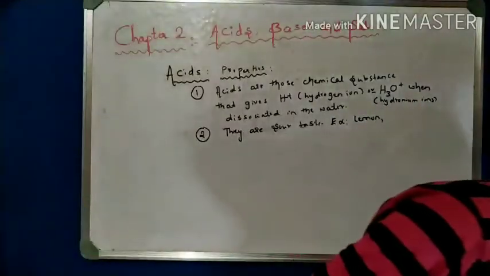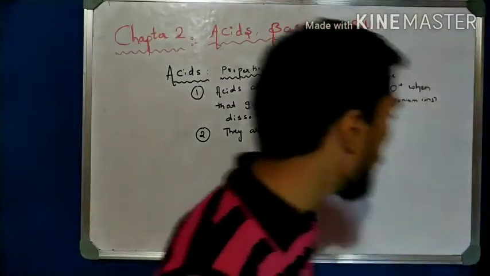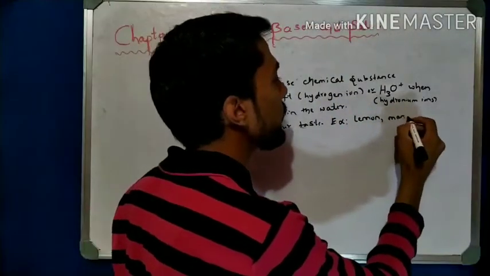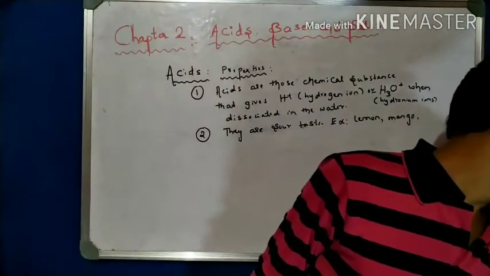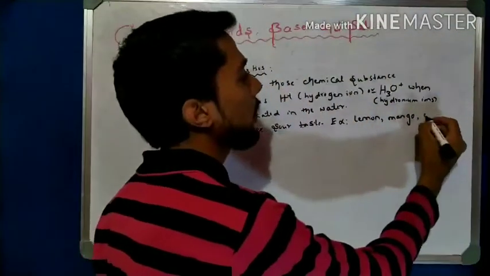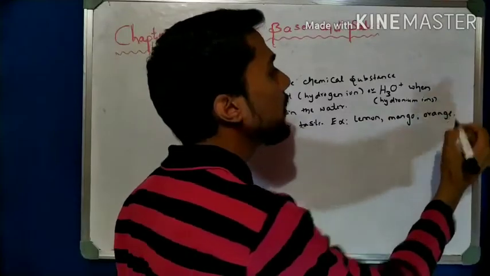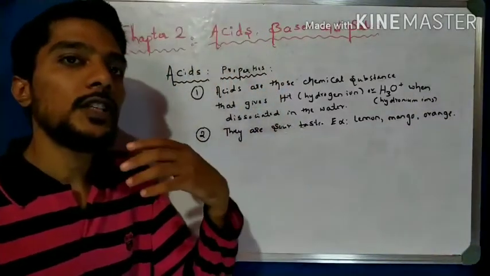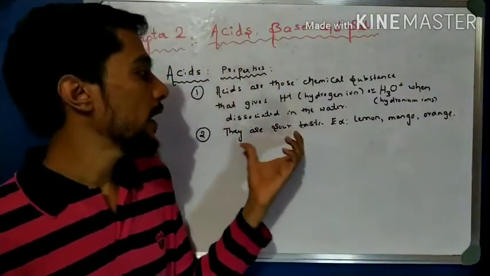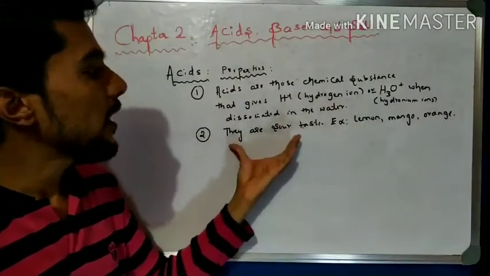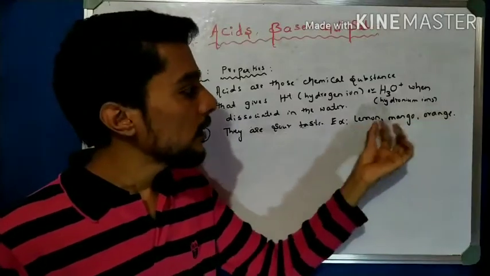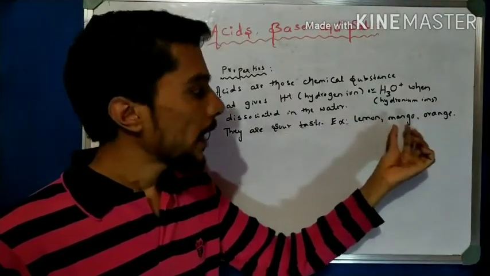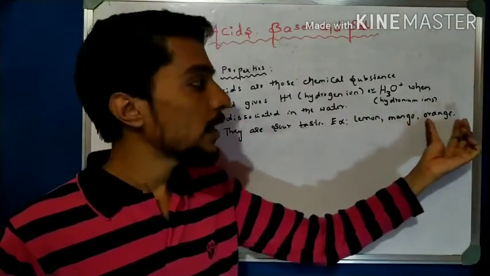Some examples of fruits are mango, lemon and orange. When we eat these fruits, we feel the taste is sour. Such a taste is caused by acid, and these fruits contain acids. The taste of lemon is sour, the taste of mango is sour, and the taste of orange is sour.